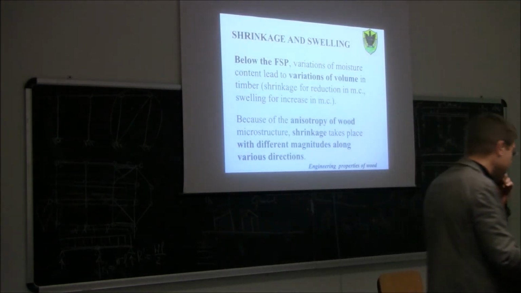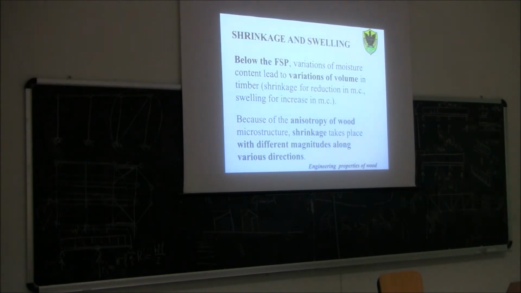The radial direction, let's say this is the radial direction, and this is the tangential direction. So radial is along the radius of the growth ring, and tangential is the tangent to the growth ring. In the radial direction, the shrinkage is almost half as much as in the tangential direction.